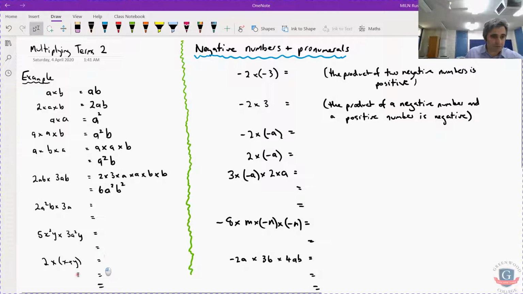Let's do the same for this one here. 2 times 3 times a squared times b. So that's 2 times 3 is 6. A times a squared is a to the power of 3 times b. Oops, we don't want the times, do we? Let's just make that b.